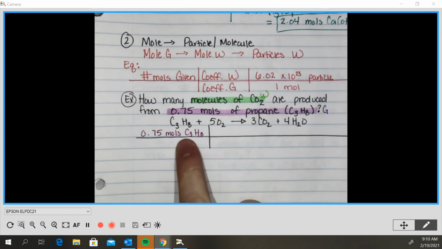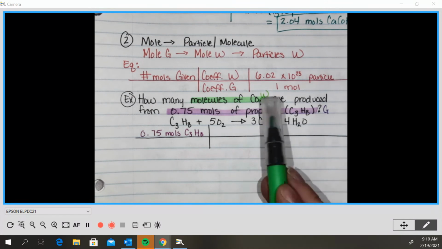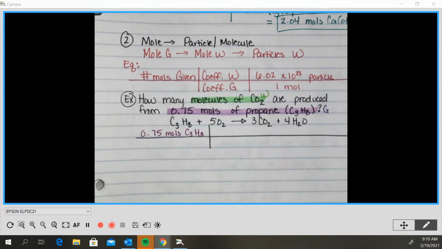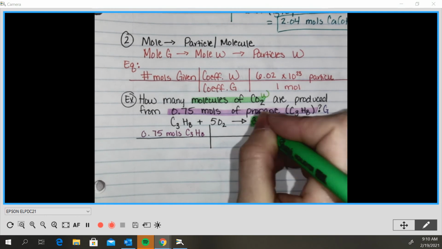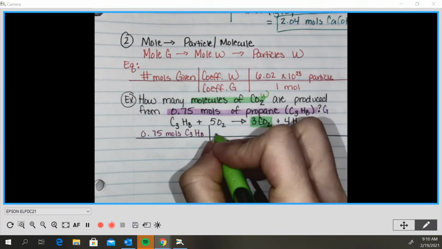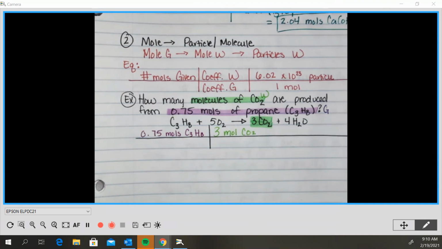So we're trying to convert from moles of propane into moles of carbon dioxide. So we're going to use our balanced chemical equation to do this. Our want is CO2, so we're going to search for CO2 in our balanced equation. And CO2 is right here. We have 3 of them. So our coefficient of our want is going to be 3. So we have 3 moles of CO2.